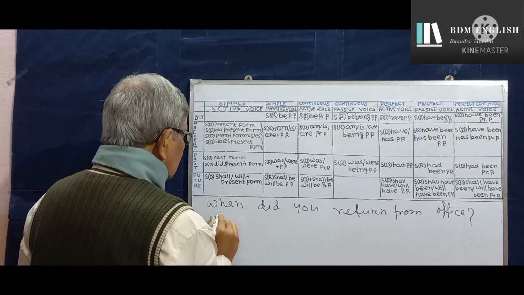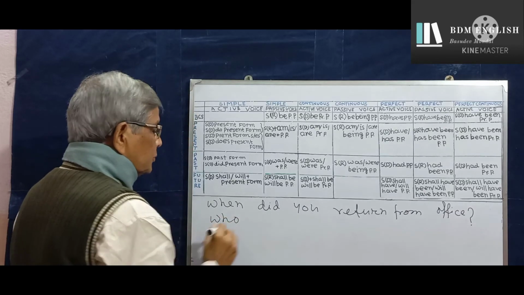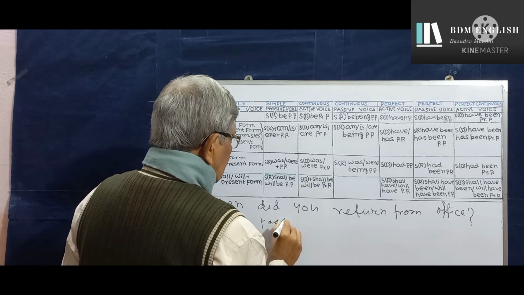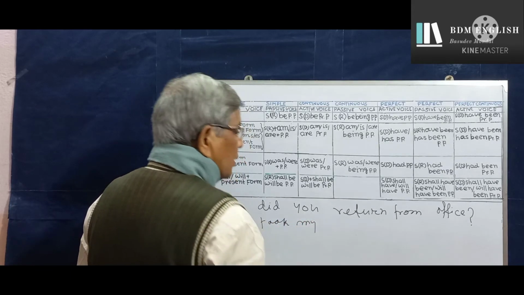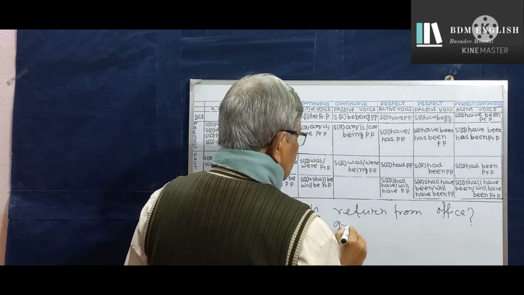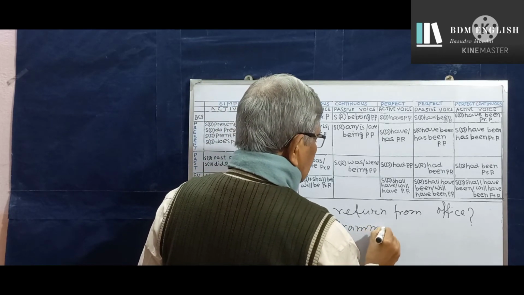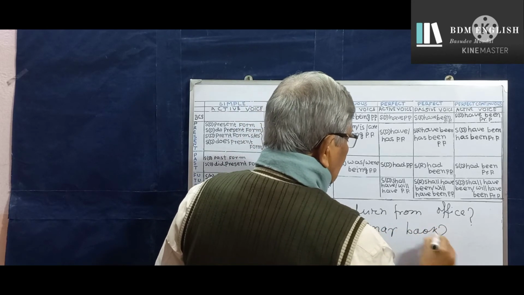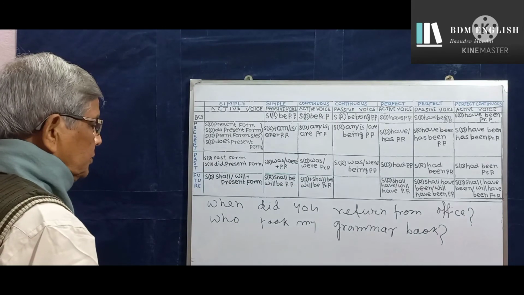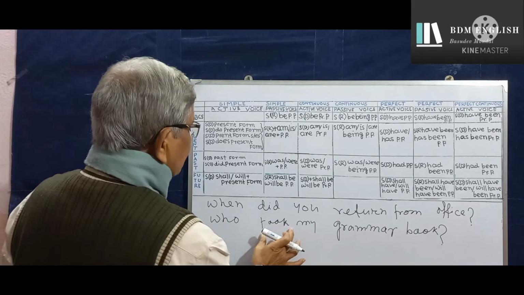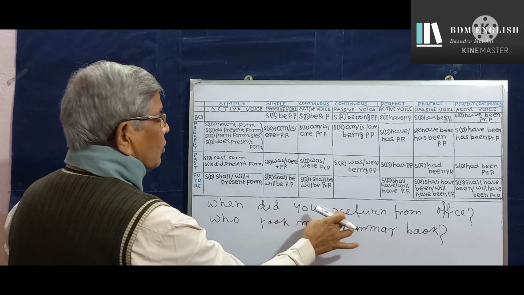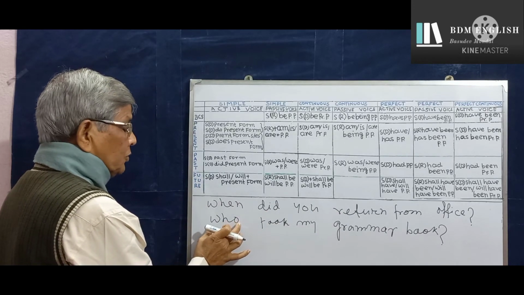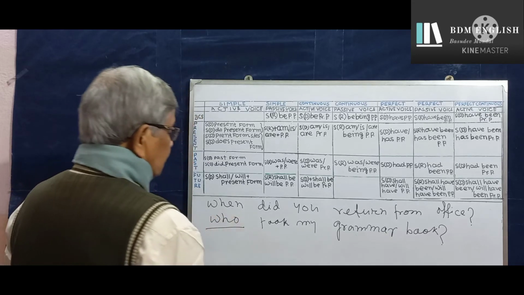Who took my grammar book? Notice that it is the past simple tense active voice, but we cannot use this alternative structure because here the answer to the question word is the subject.